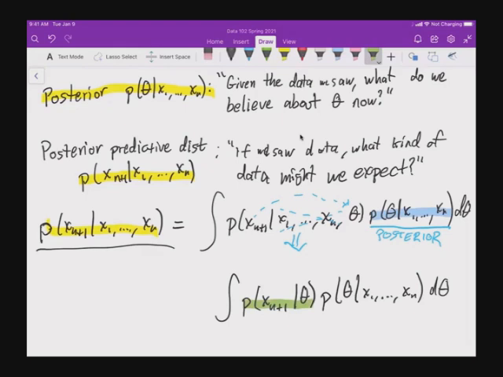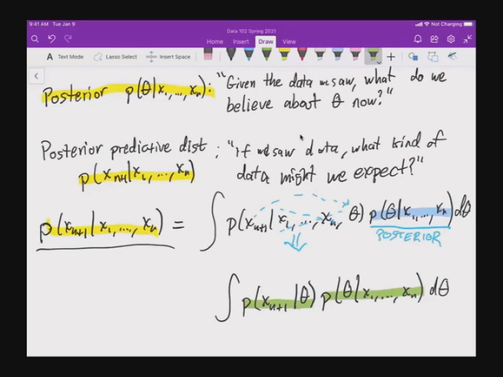So let's pick a particular theta, maybe it's this set of values. Now, what is the distribution given that? Now take that and weight it by the posterior on that theta. If the posterior says that's a really likely theta based on the first n data points, then you're going to weight that one really heavily in your integral.